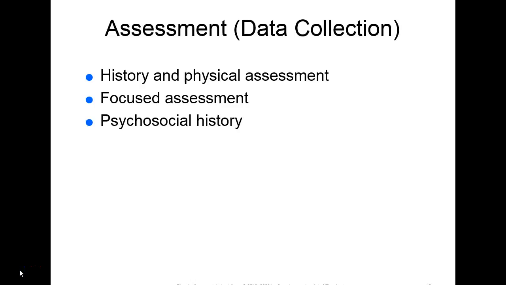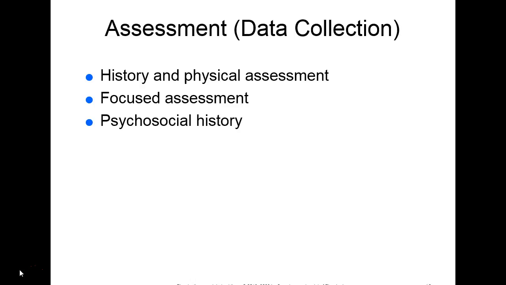Then we would do our focused assessment looking for signs and symptoms of opportunistic infections. Are they ill frequently? It would indicate that their immune system is deteriorating. We would look at any signs and symptoms of skin cancers, any signs and symptoms of lymphoma.